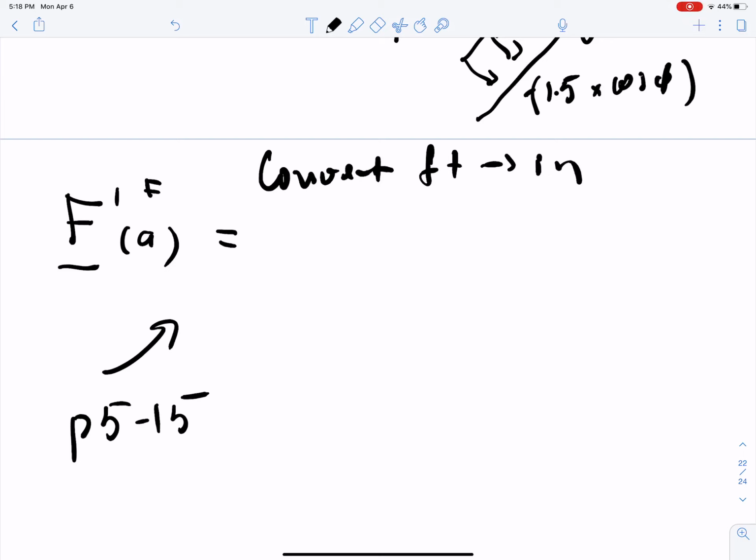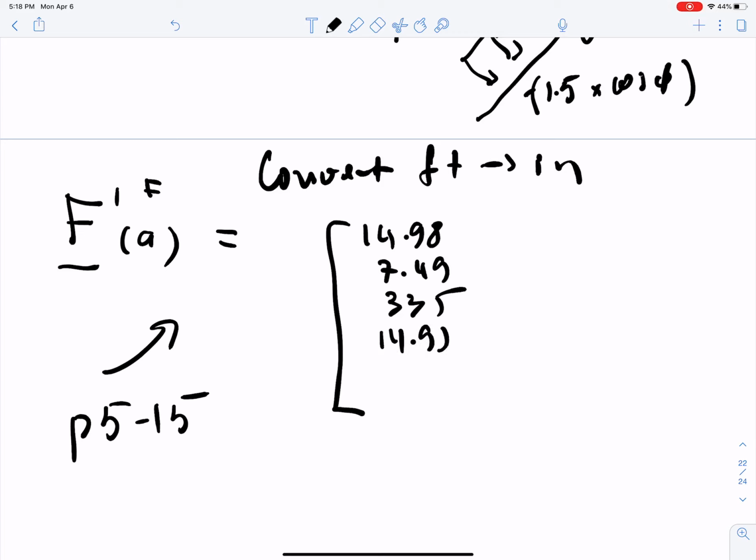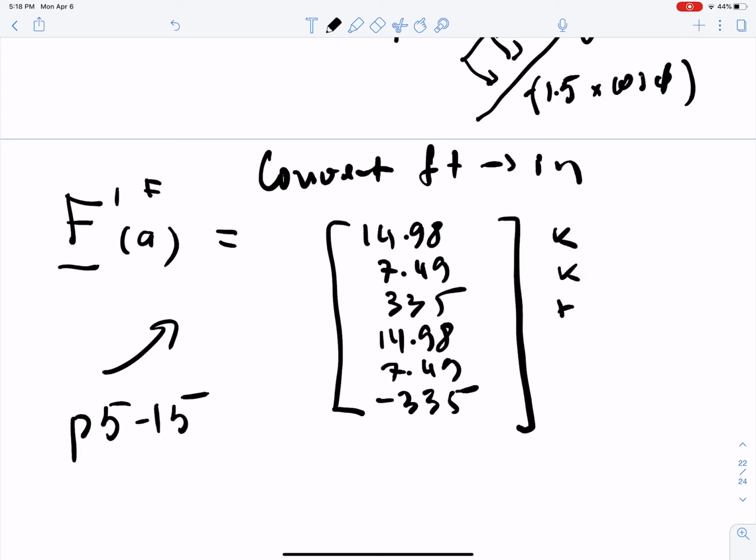You end up with the expression that looks like this: 1498, 749, 335, 1498, 749, minus 335. These are kilopounds, kilopounds, kilopounds-inch, kilopounds, kilopounds, kilopounds-inch.